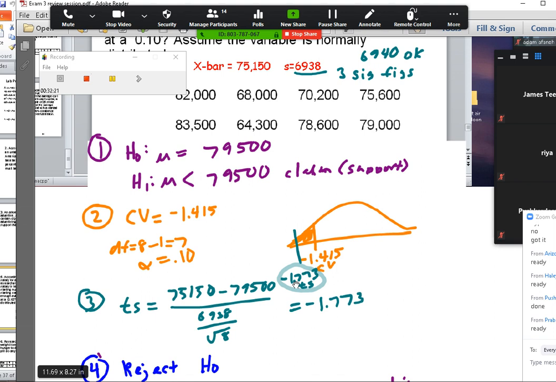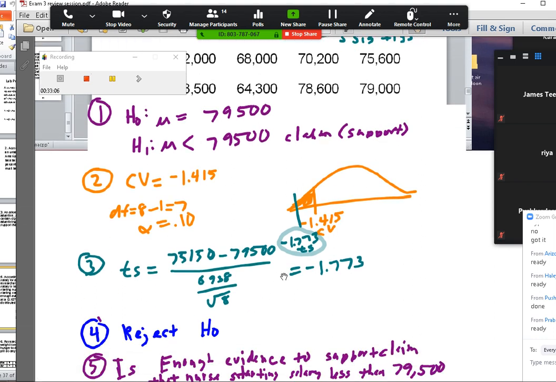Was everybody able to get that? If you didn't get that, make sure you find the denominators separately and find the numerators separately and then divide them. You might be off a little bit. It should be maybe like 1.69 or 1.76 to 1.78, which is probably going to be okay as long as you show your work.